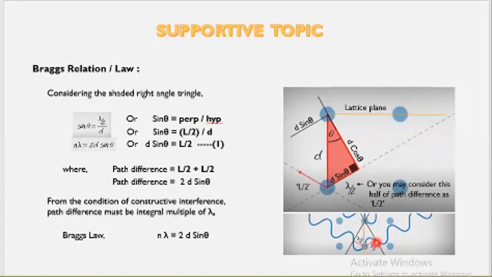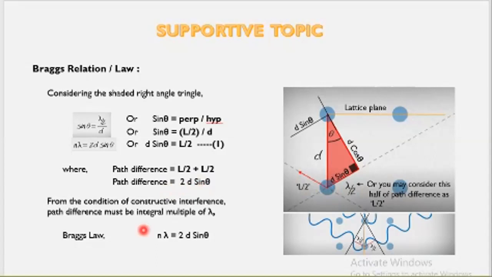So the total path difference would be L by 2 plus L by 2. If we are considering this part, then we have to take into account this part too. So adding both of them, you will end up with 2d sine theta.